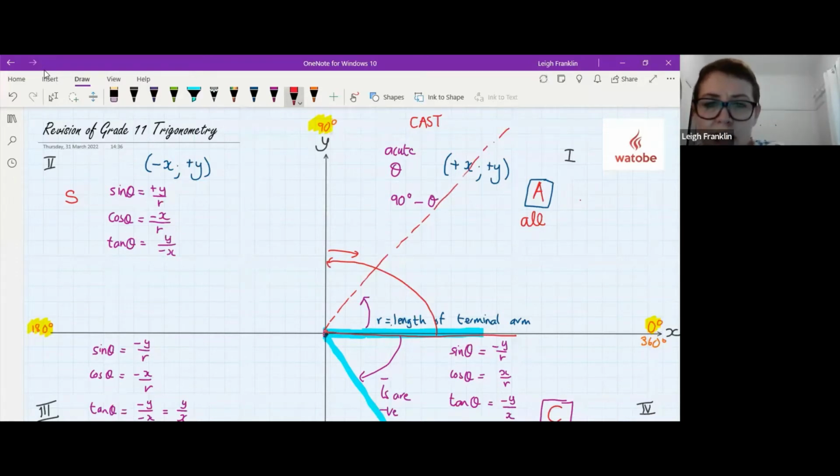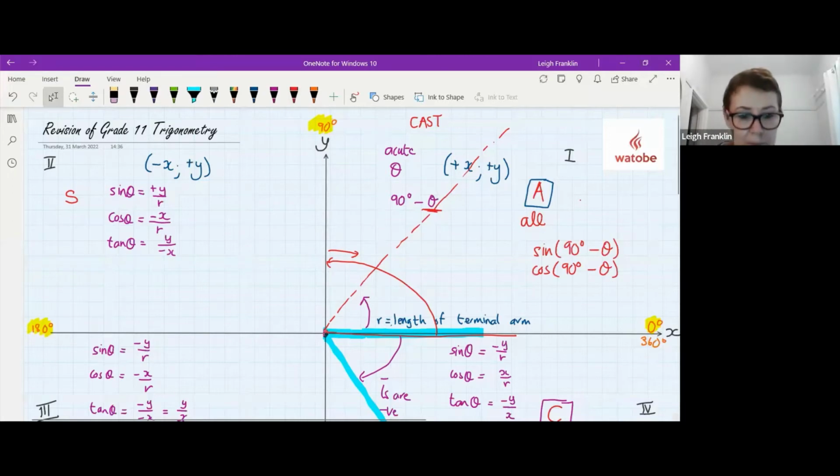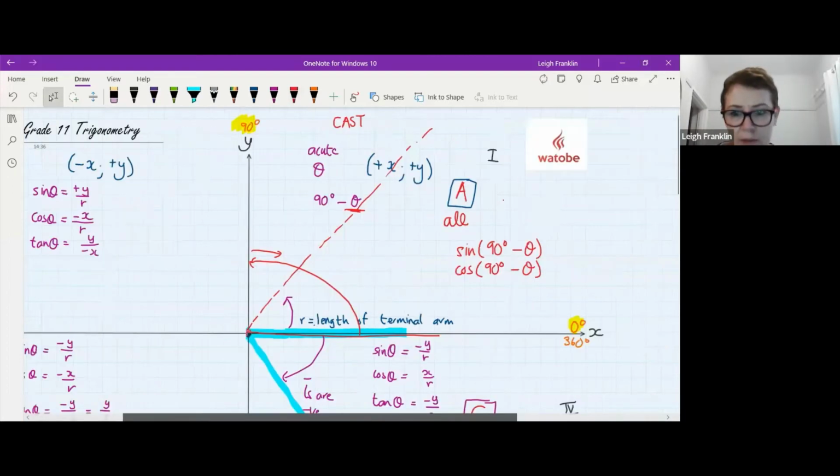I don't know exactly where because I haven't got a definition for theta. So the reduction formula for quadrant number 1 is 90 minus theta, and this is super important because you learn about sine 90 minus theta and what happens there, and about cos 90 minus theta and what happens there as well.